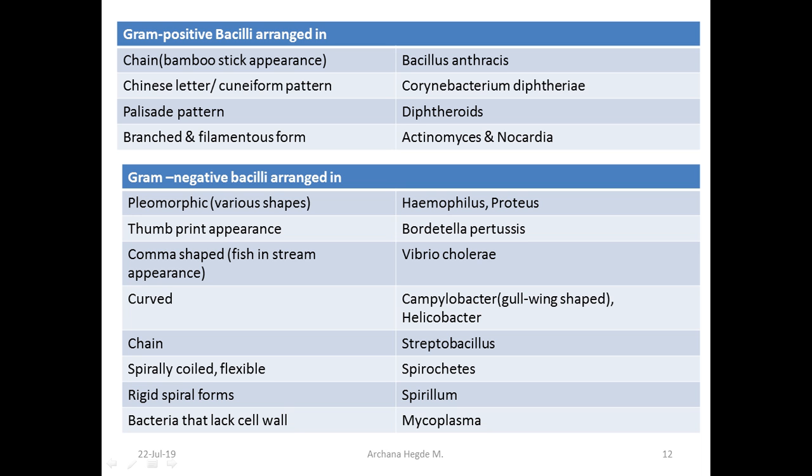Thumbprint appearance, Bordetella pertussis. Comma shaped, fish in stream appearance, Vibrio cholerae. Curved shape, Campylobacter and Helicobacter. Chains, Streptobacillus. Spirally coiled flexible spirochetes, rigid spiral forms, Spirillum. Bacteria that lack a cell wall are called Mycoplasma.